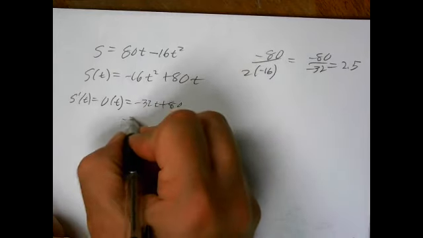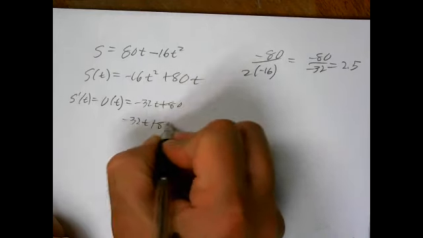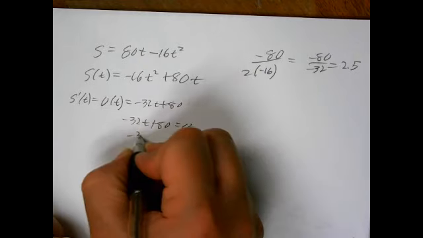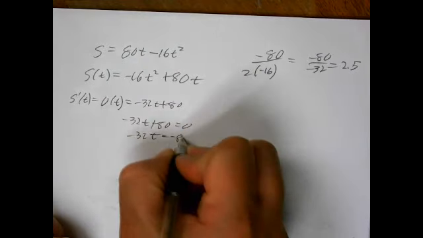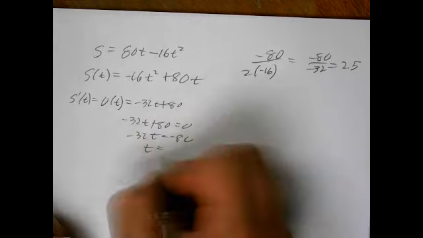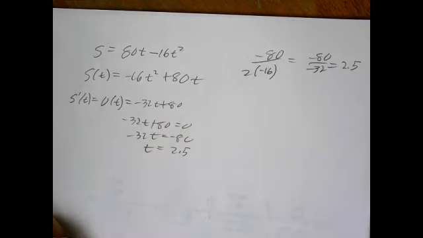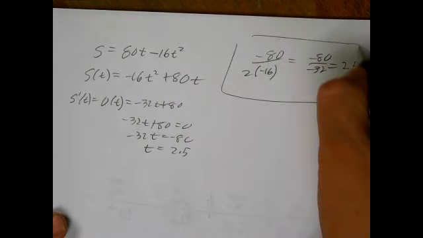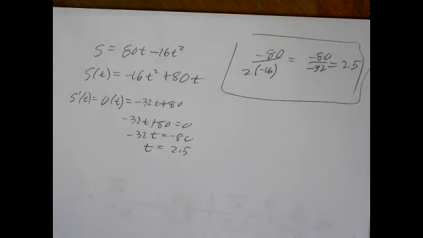And velocity equals 0 at 2.5. All right. So again, that maximum could have been found without calculus, but we definitely can do it with calculus.